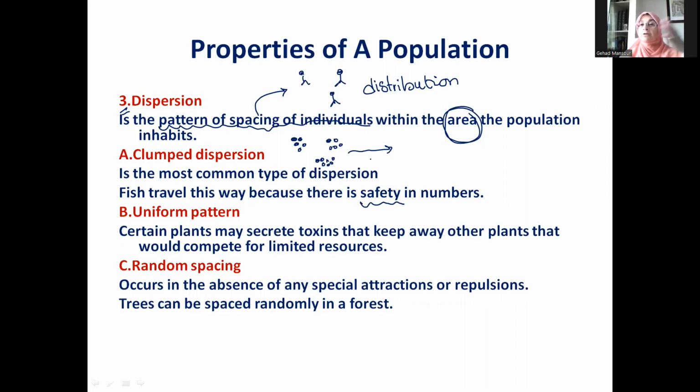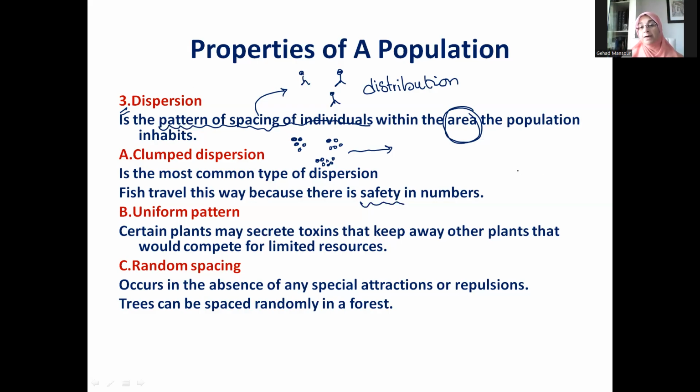They don't want to travel individually because they would be exposed to predators or to bigger fish, and they don't want to be grouped in one big major group, because if there is any environmental change, they will all perish. So they prefer to travel in small groups, which we call clumped dispersion.